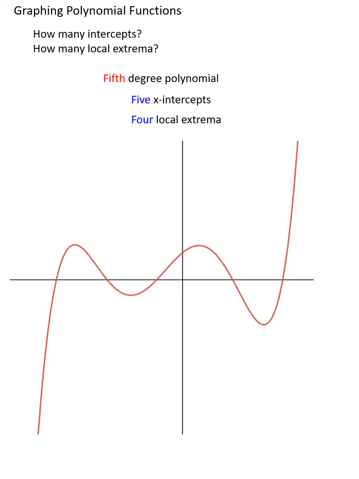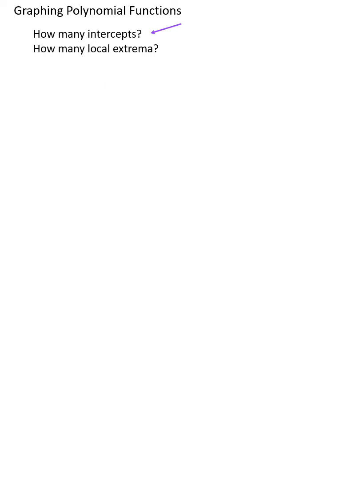Is that always the case? Perhaps. And we have 4 local extrema, which is 1 less than the degree. Is that always the case? We'll find out. But one thing we've noticed so far, it appears as though the number of intercepts is the degree of the polynomial, and the number of local extrema is 1 less than that.